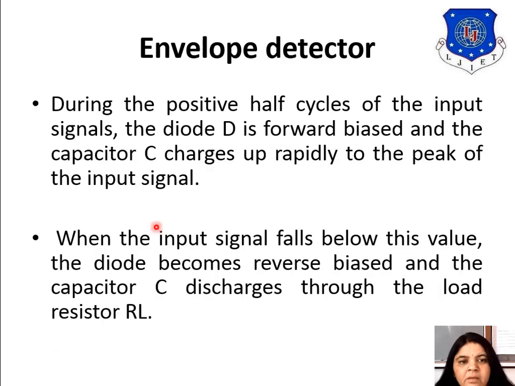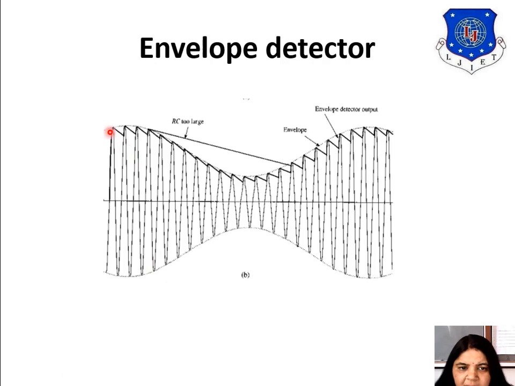So during the positive half cycle of the input signal, the diode is forward biased. The diode is forward biased, then the capacitor charges. It charges up to the peak value of the input signal. Now when the input signal falls, what I said?